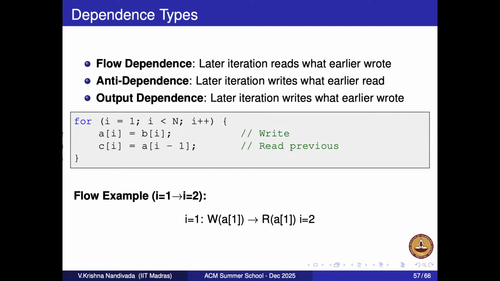In compilers, we call it flow dependence, or true dependence. In architecture, you might have heard it as read after write dependence. Okay?